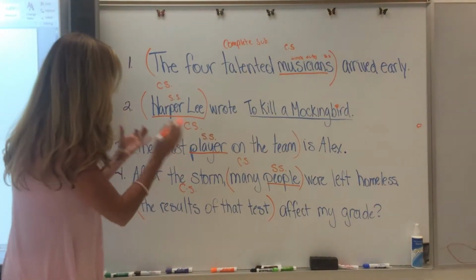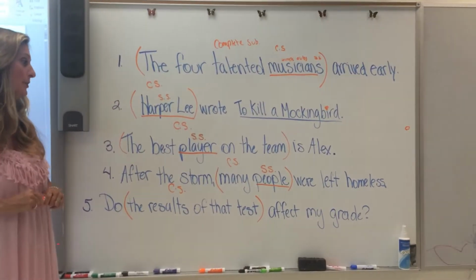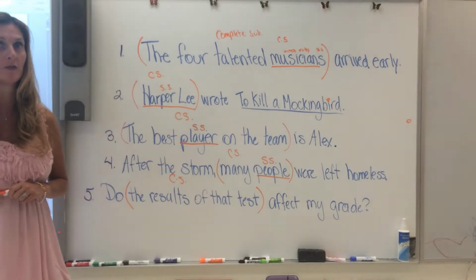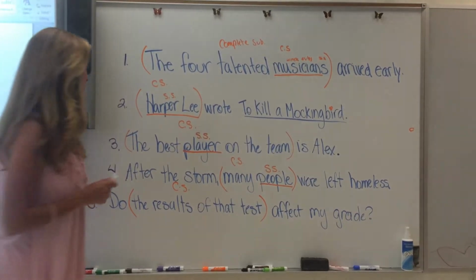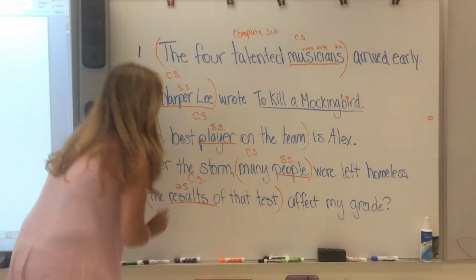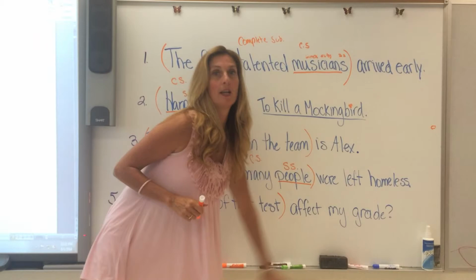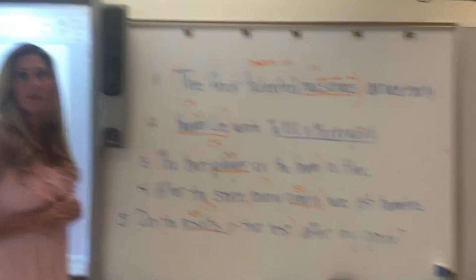Now, more specifically, what's the one word that we are concerned about affecting the grade? One word, and don't say test, because test is part of a prepositional phrase. So we know that it's going to be results. Results is going to be our simple subject for this. Results affect my grade. Okay, and that's an example of complete and simple subjects.